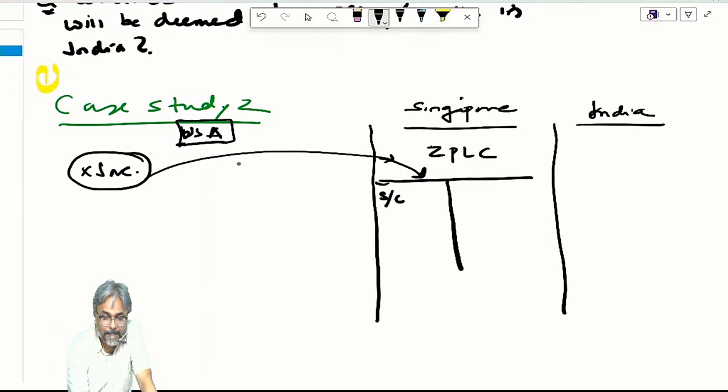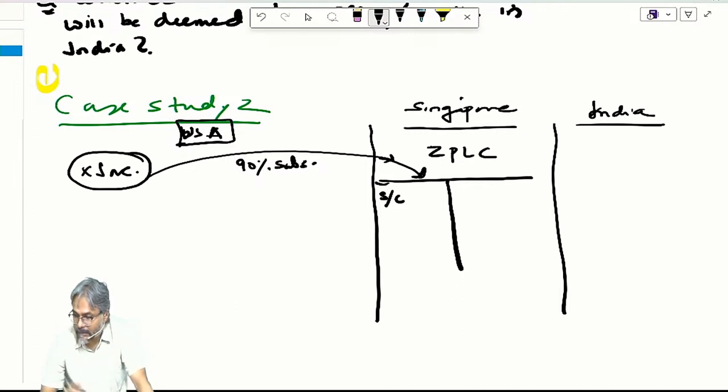So we will say 90% subscription. Share capital, say in this case, it's 100 crore. This is a share capital of rupees 100 crore.